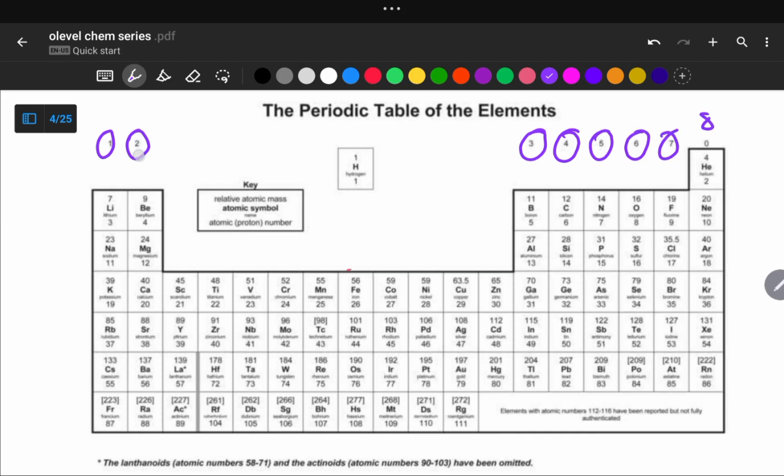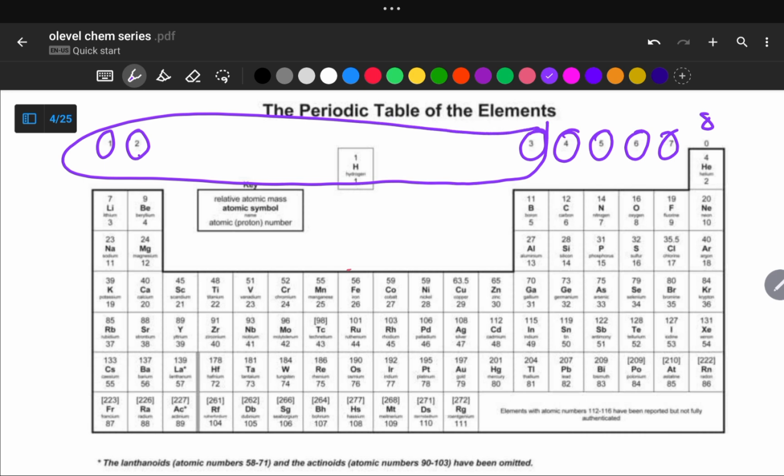Group 8 at times can be called group 0, right? So from group 1 to group 3, these are what you call the metals.